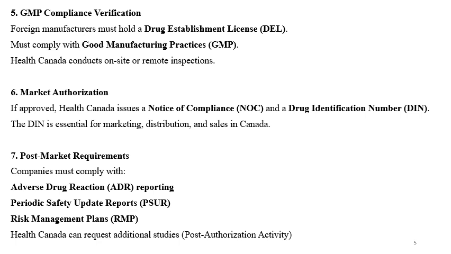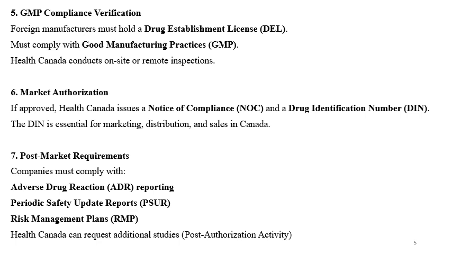Then fifth stage is GMP compliance verification. Foreign manufacturers must hold a drug establishment license, that is DEL, and must comply with the GMP. Health Canada conducts on-site or remote inspections. So like other regulatory authorities, the GMP compliance should be there and it will be verified by Health Canada. Then market authorization.